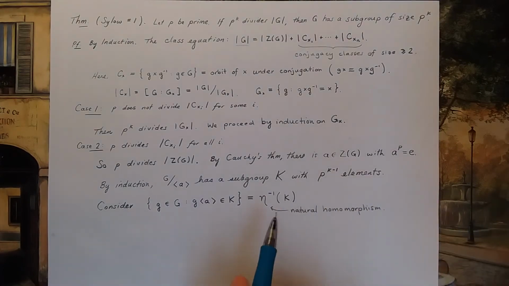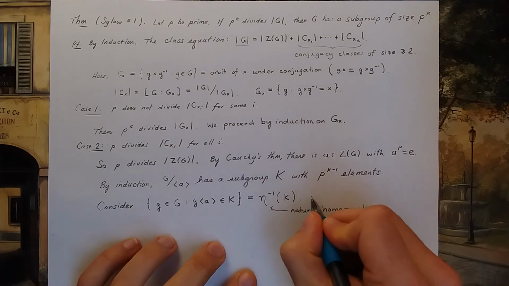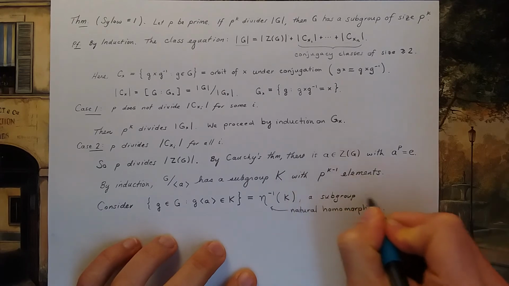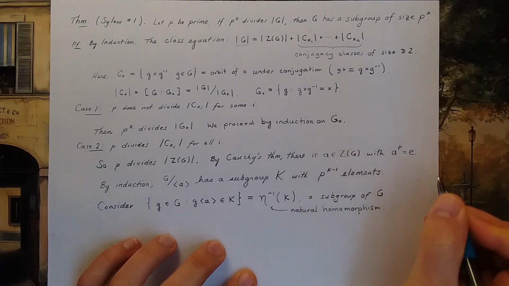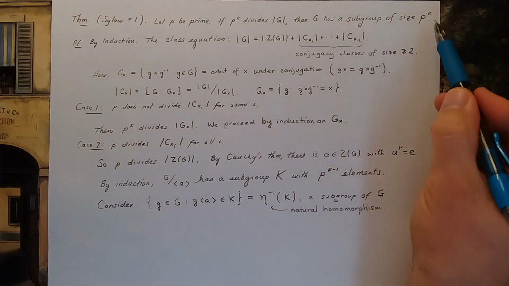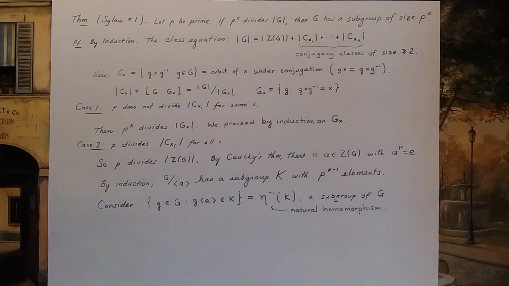So that kind of gets me out of having to prove it's a subgroup, because we know the inverse image of subgroups under any homomorphism is again a subgroup. So I'm not going to check the details, but you could if you'd like. So this is a subgroup of G. And I claim that this subgroup has p to the k elements in it.